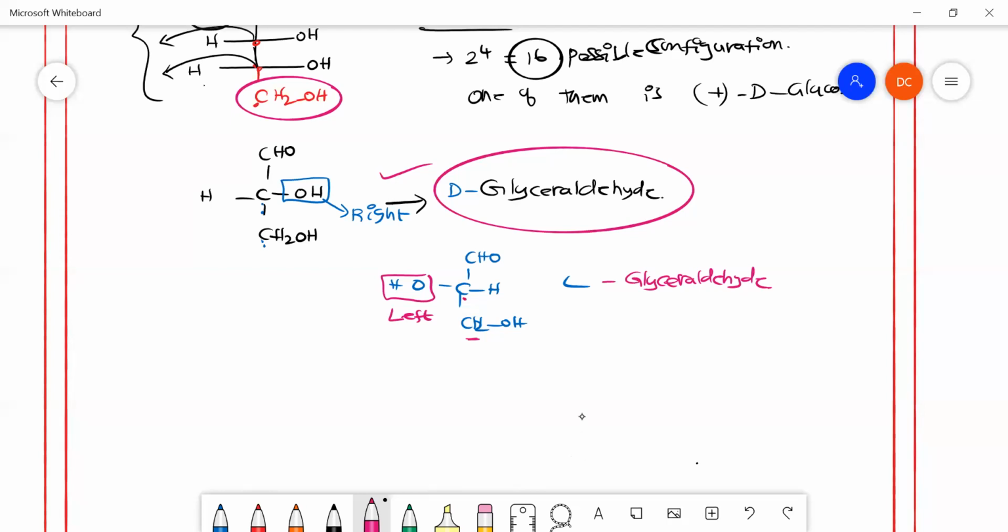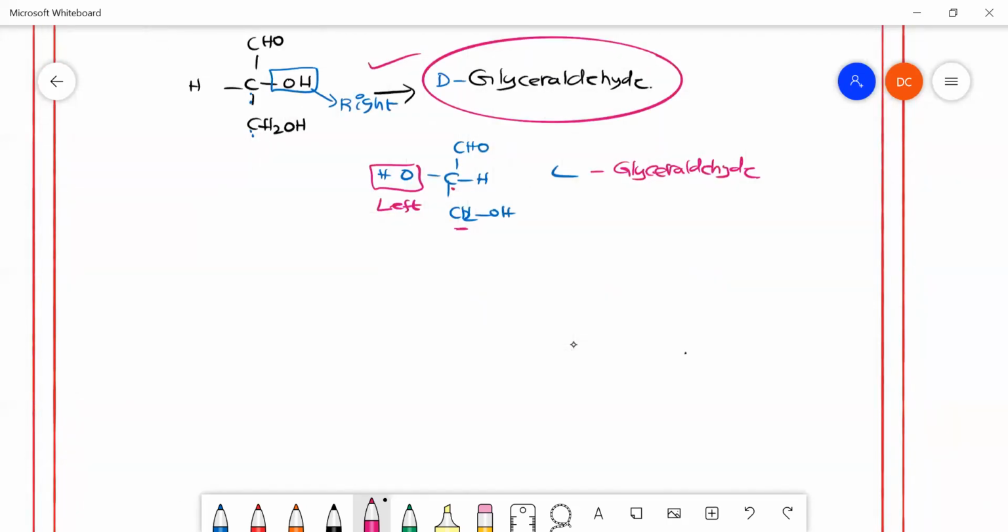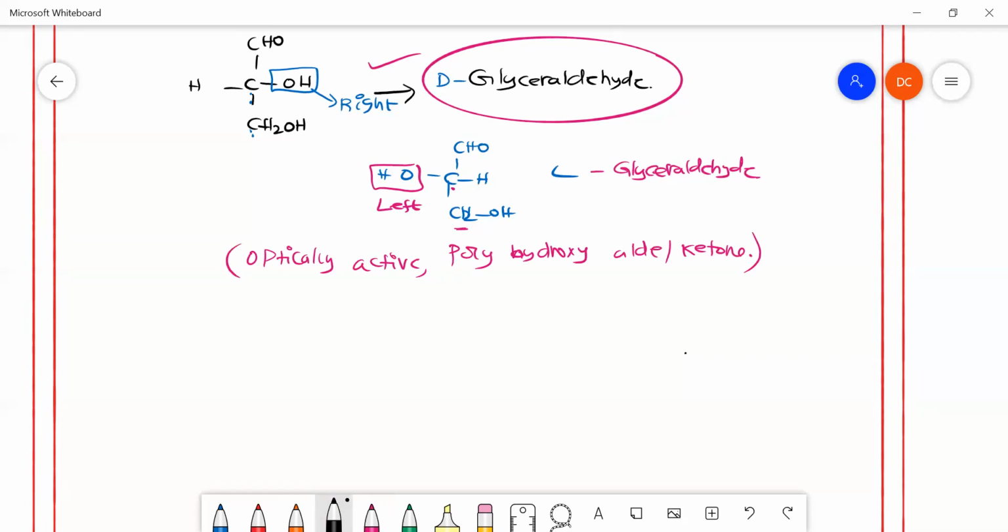If a compound wants to come under the category of carbohydrate, it should be optically active polyhydroxy aldehydes, or compounds which can produce the same kind of units during hydrolysis. So this is the structure of glucose, and the stereochemistry is also like this.